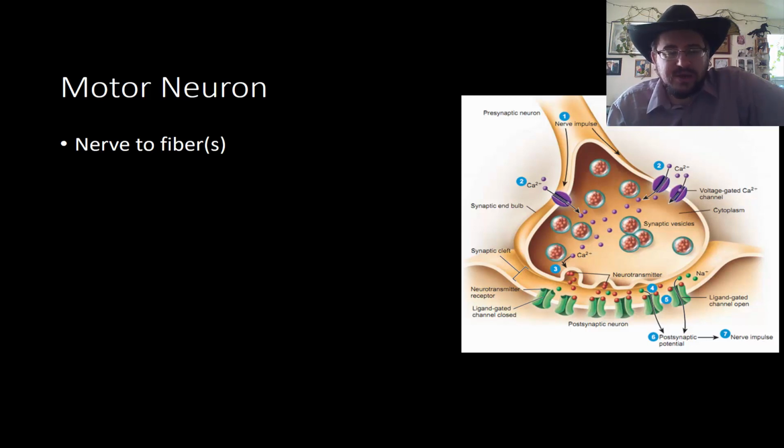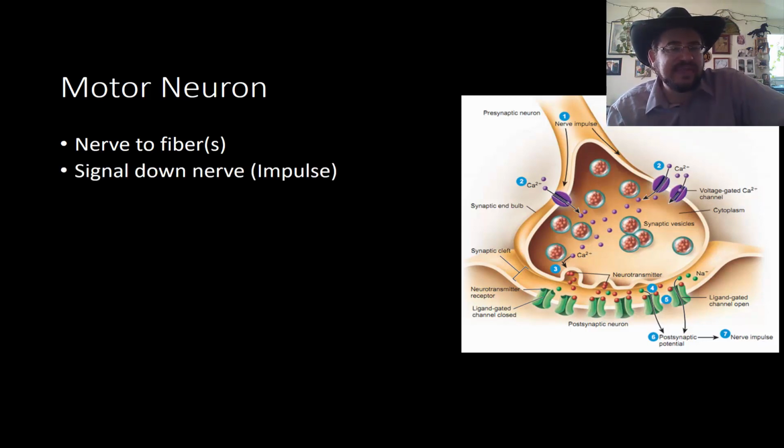So when you want to contract your muscle, a signal or an impulse travels from your brain to your central nervous system to the motor neuron. Impulse travels down the motor neuron, and then the impulse is transferred to the muscle.